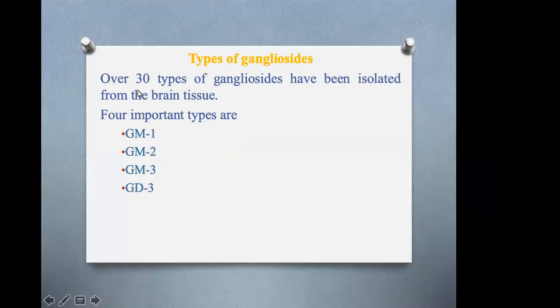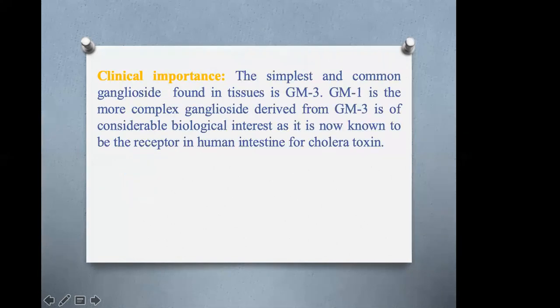These are important. Beyond this, there are various types of gangliosides. The simplest and commonest ganglioside found in tissue is GM3. GM1 is a more complex ganglioside derived from GM3, is of considerable biological interest, and is now known to be the receptor in the human intestine for cholera toxin.